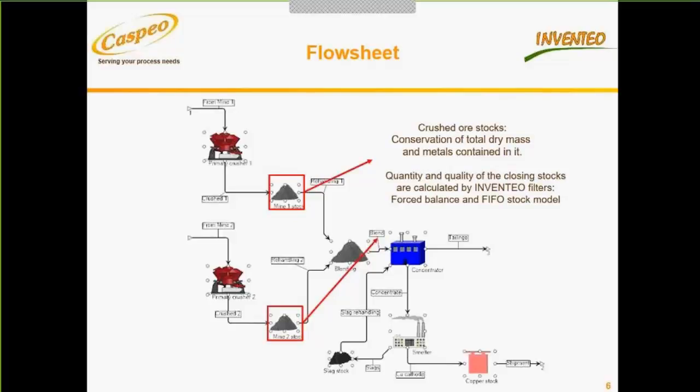And in the stocks, here we have another example of a situation that we can encounter. We have only the input, the crushed ore going into the stock, and we know the quantity of the rehandling, but we are not measuring the inventory, the closing stock quantity, and we are not sampling the stockpile either.